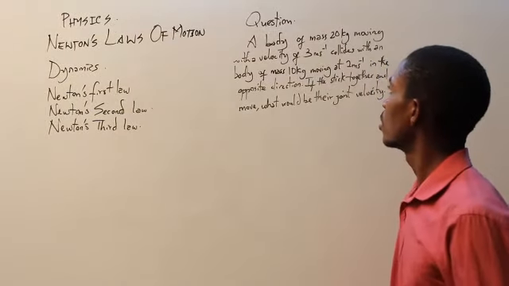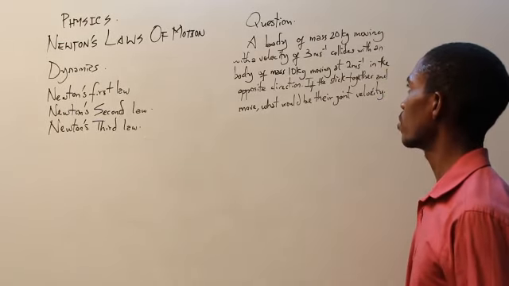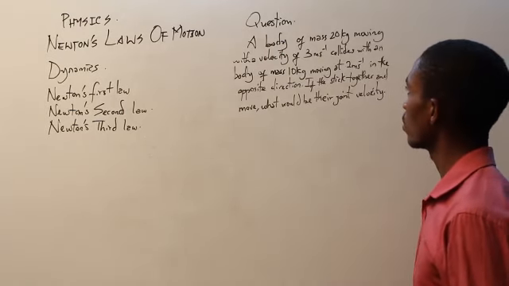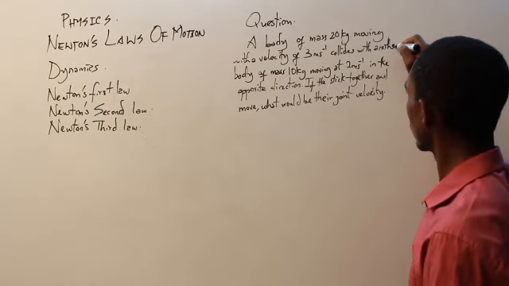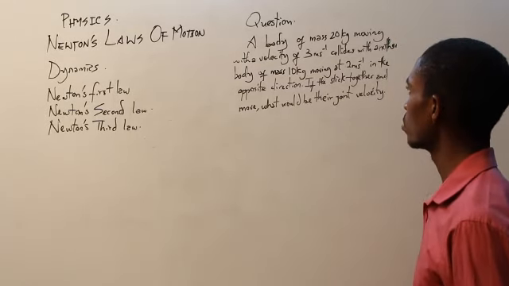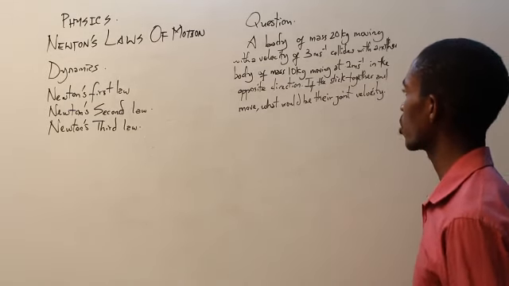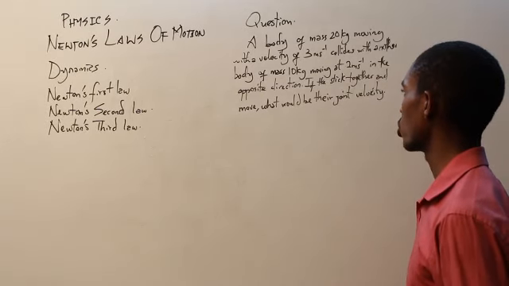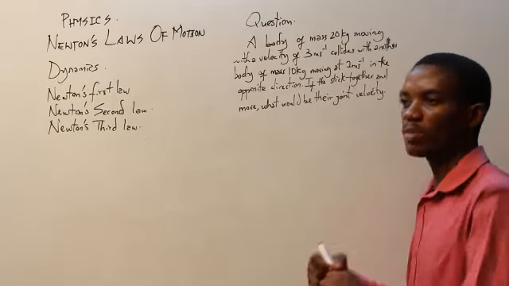Let's take this question. A body of mass 20 kilograms moving with a velocity of 3 meters per second collides with another body of mass 10 kilograms moving at 10 meters per second in the opposite direction. If they stick together and move, what would be their joint velocity? Alright, let's look at our parameters.